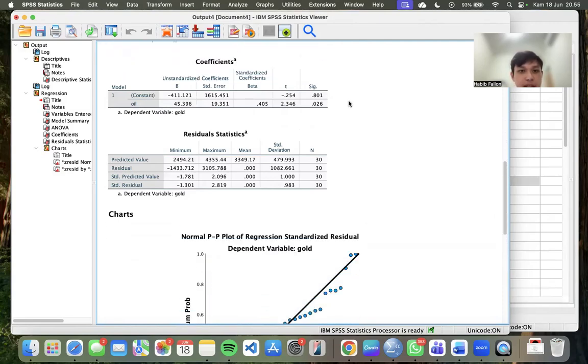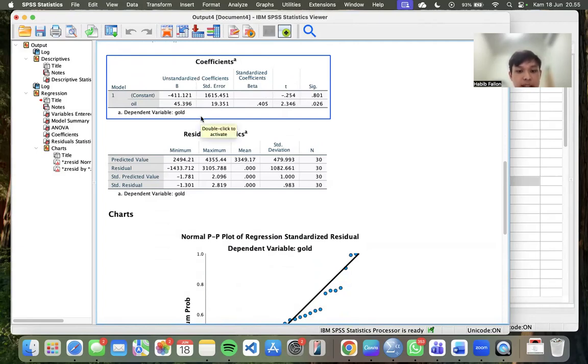And then the next is the coefficient table. Based on this table, the gold price equals negative 411.121 plus 45.366 multiplied by the oil price. The coefficient of world oil prices is positive, which indicates a positive relationship between world oil prices and world gold prices.